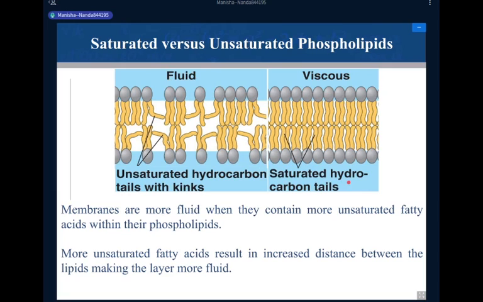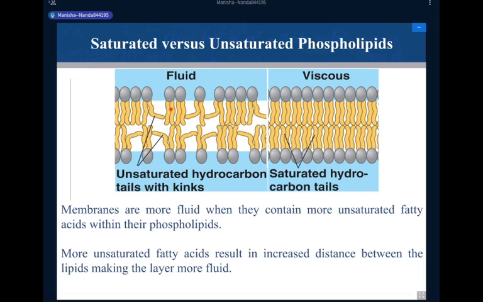Membranes which are rich in phospholipids with saturated hydrocarbon tails are more viscous, whereas in those which contain unsaturated hydrocarbon tails, due to unsaturation, there is a kink wherever there is an unsaturated hydrocarbon in the tail.